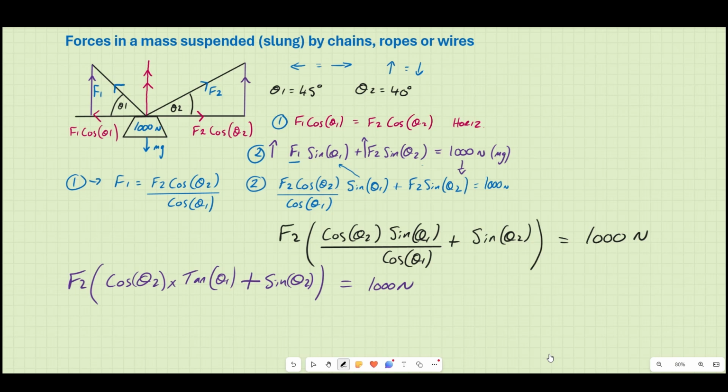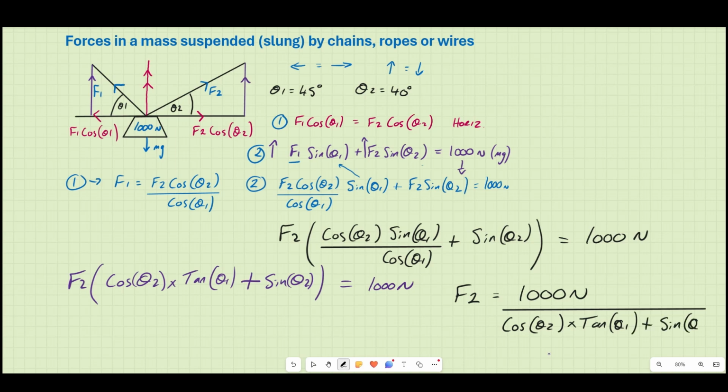So if we've got f2 times something equals 1,000 newtons, then we divide both sides by the something. So f2 itself is the load divided by the cosine of angle 2 multiplied by the tan of angle 1 added to the sine of angle 2. All of these angles are known, they're given to us in the question. So all of the trig answers we know, and we know 1,000, so we can work out f2.